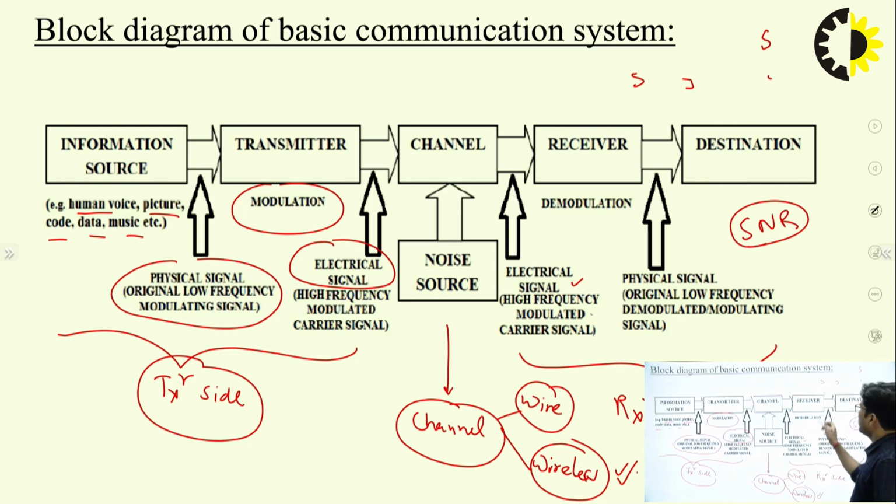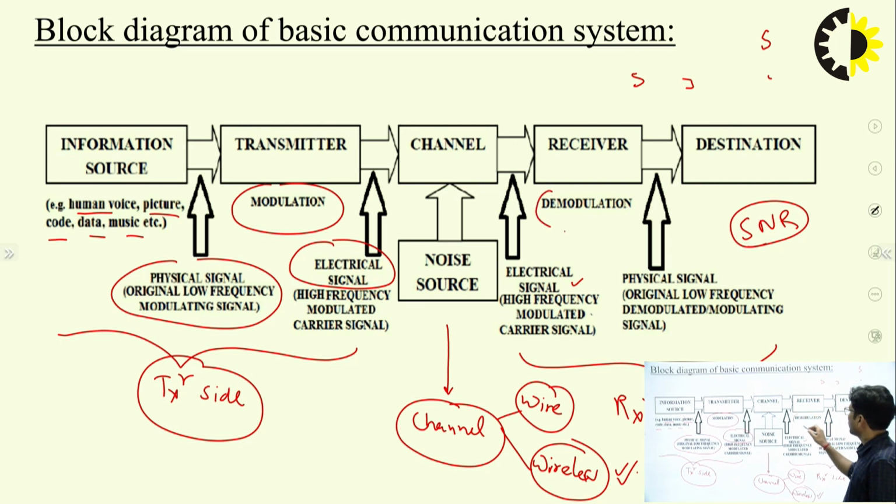Now at the receiver side, whatever you have done at the transmitter side, just do the opposite operation. At the transmitter side we are doing the modulation, so at the receiver side we will do the demodulation process. Demodulation is nothing but to fetch or get the original signal from the modulated signal.